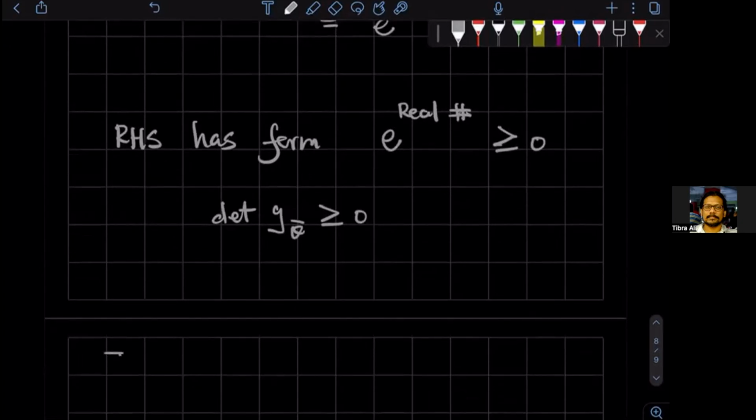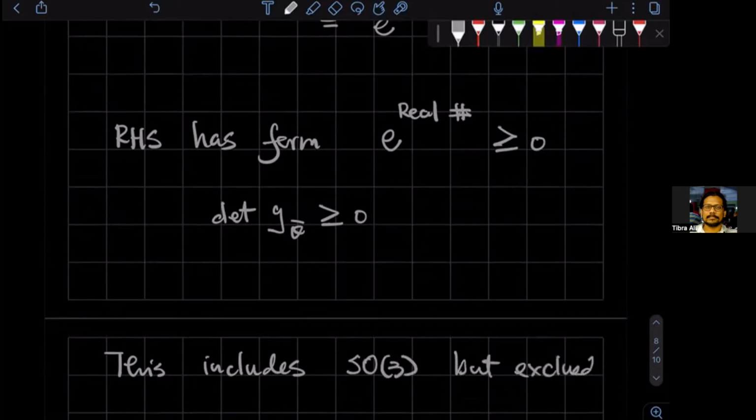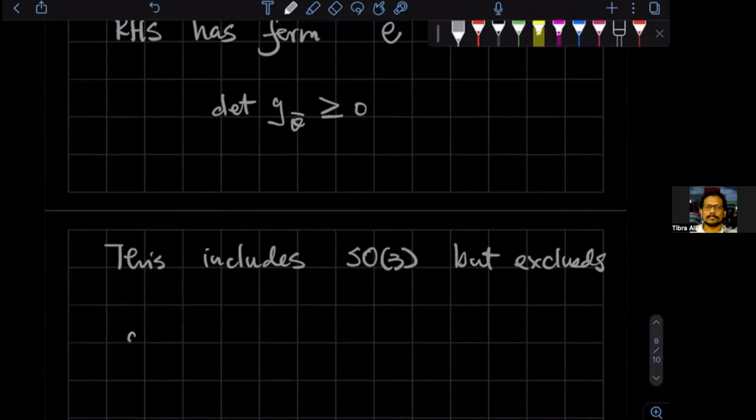So this includes SO3, but excludes determinants of, say, g -1, right? So therefore, we have shown that those elements of O3 which are continuously connected to identity have determinant 1.